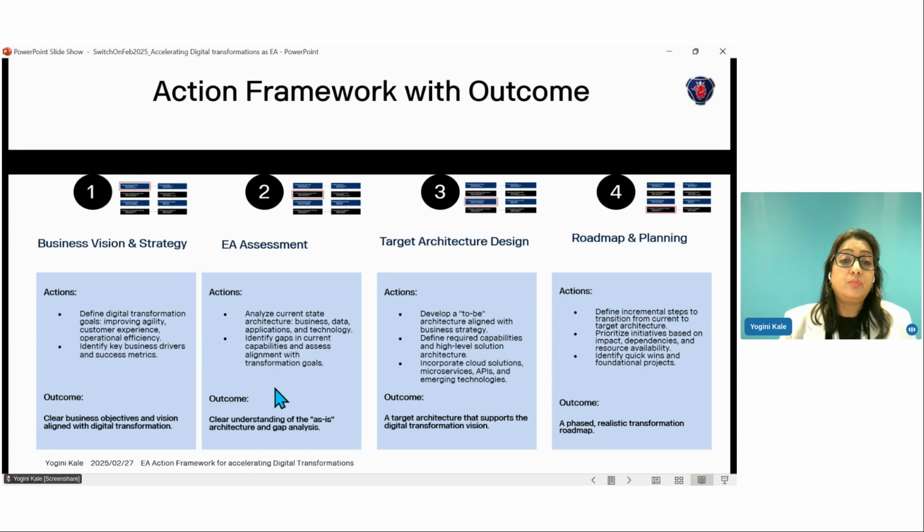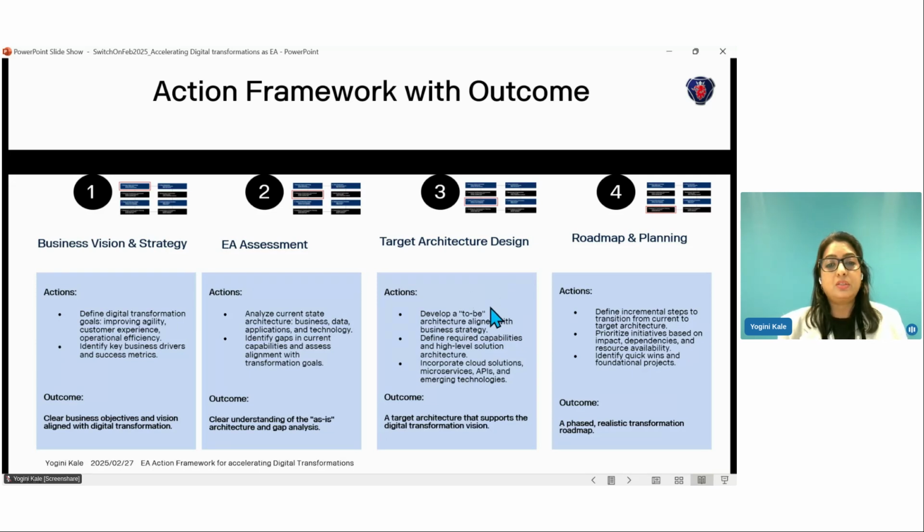And as a next step, you can identify what are the gaps in the current capabilities and what is it that you would need for these transformation goals to be successful, and get a clear understanding of what are the gaps that you have and where you stand today.